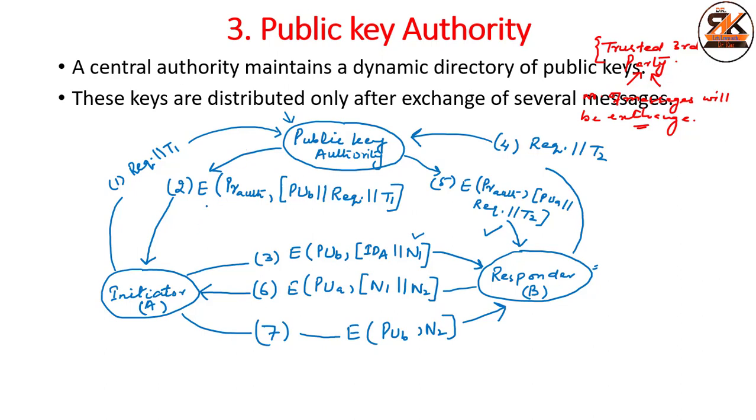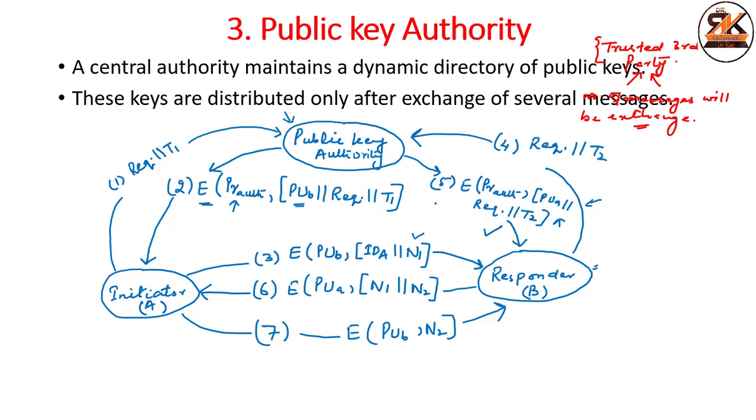For example, here the message is signed by the private key of the authority, and the contents are the public key of B. We are getting the public key of Bob, and in this message we are getting the public key of Alice. Fine, and it is signed by the third party. So we are using the third party which signs the message sent to the participants and appends the request message with the key to assure the participants that their request was not altered before reception by the third party.